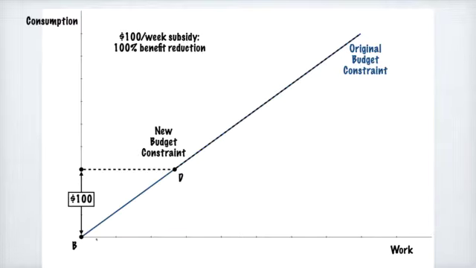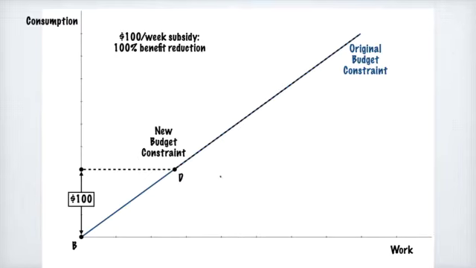And for every hour we work, and how much income we're getting, our benefit gets reduced by the same amount. So the amount of money that we have available to consume remains constant. So I'm increasing my work, but I get no additional income in order to consume. That's why the line is horizontal.